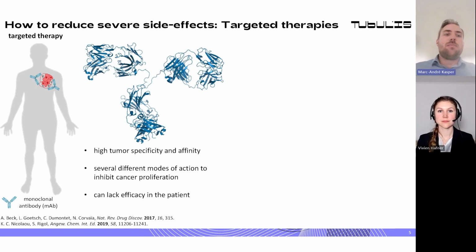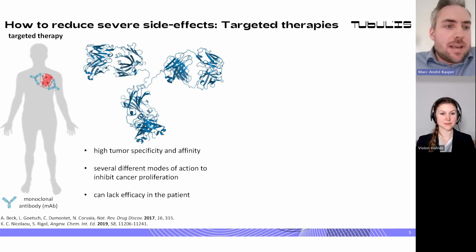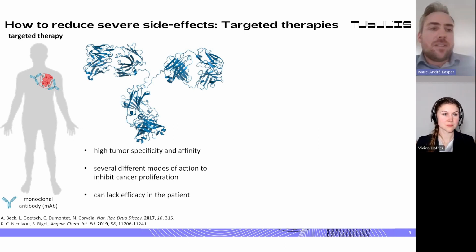So therefore, people came up with more targeted approaches. So with targeted therapy, for example, with monoclonal antibodies. These are these huge Y-shaped molecules that you will now see throughout the presentation. Monoclonal antibodies can be designed in a way that they specifically bind the tumor cells and spare healthy tissue.